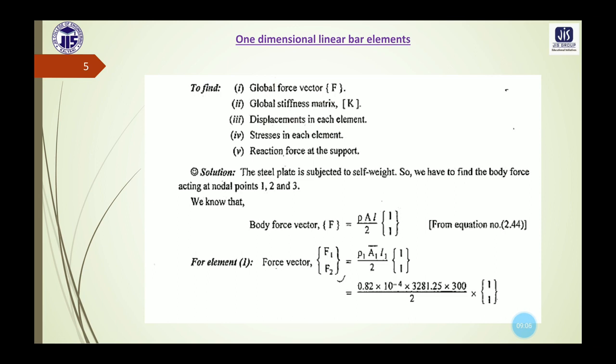For element 1 we have two nodes, 1 and 2, so the body force vector will be the column matrix of f1, f2, equals rho 1 A1 bar L1 by 2 multiplied by the column matrix of 1, 1.